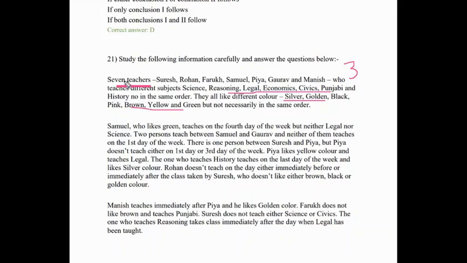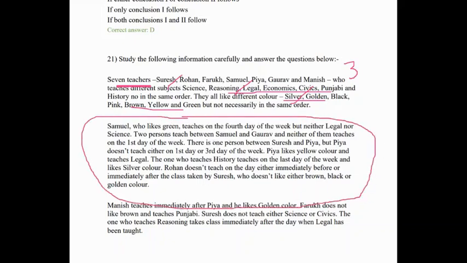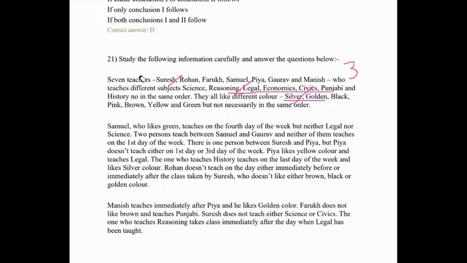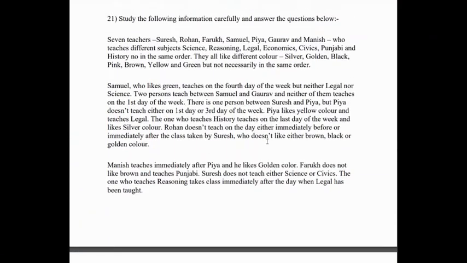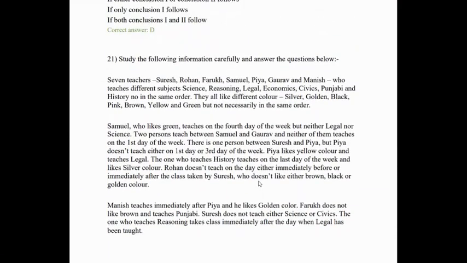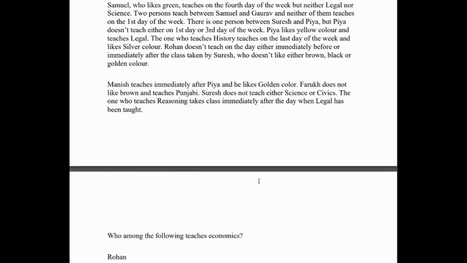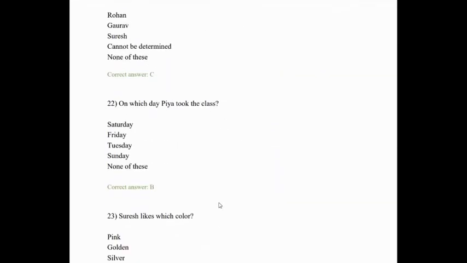But now we have 3 variables, that is the 7 teachers' names, subjects and their favorite colors. According to that, different conditions have been provided for the teachers. So according to this puzzle, we need to solve the question. Okay. So this can be done also. It may take some extra time, but these are not impossible things, they can be done. So based on this, 5 questions are given.